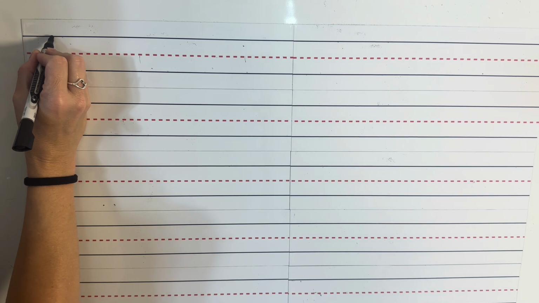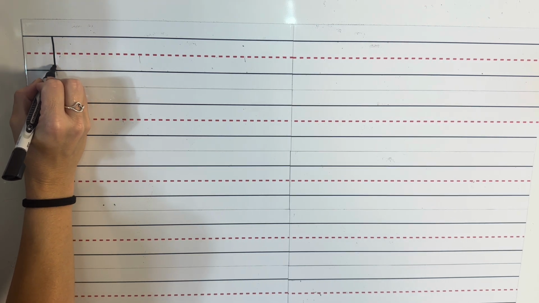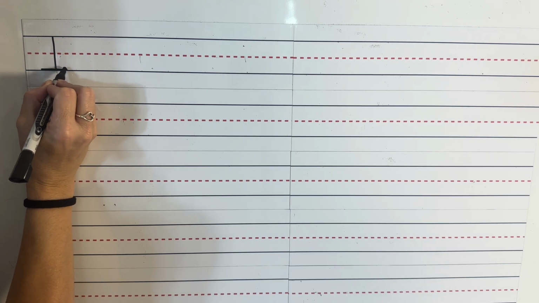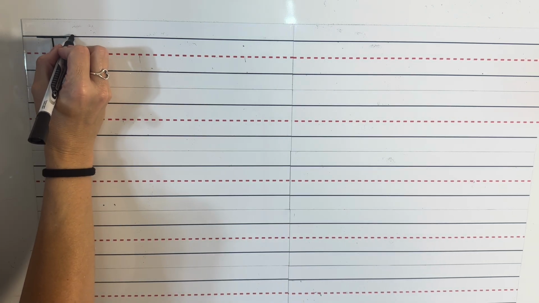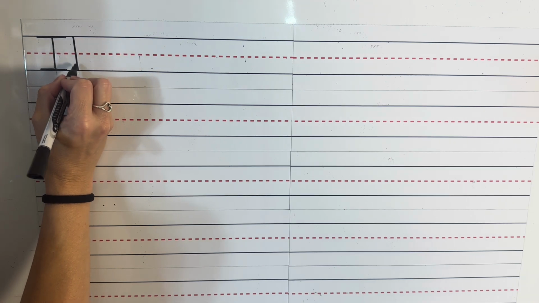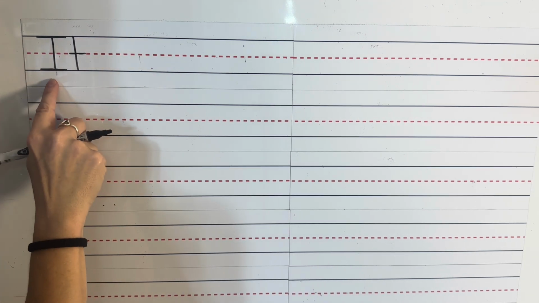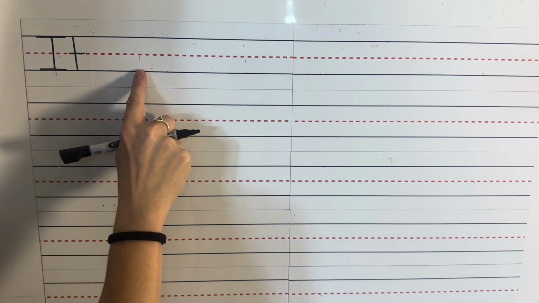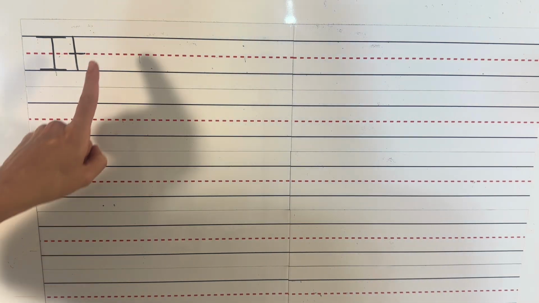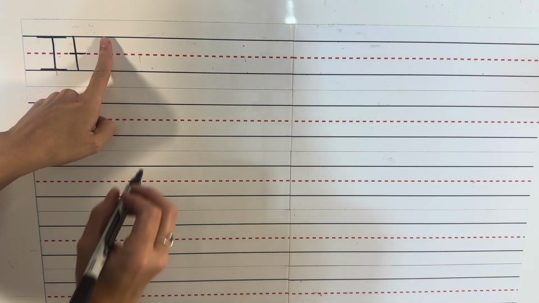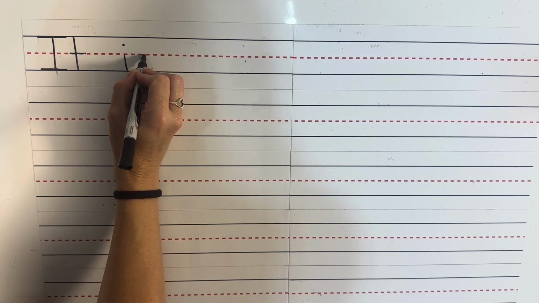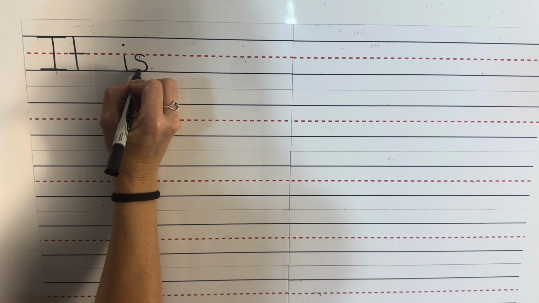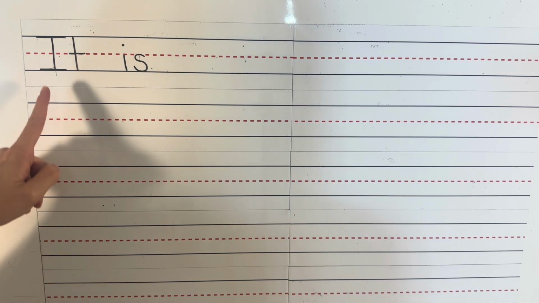We start with an uppercase I because it is the first word in our sentence. T starts in the sky. Is. Make sure to leave a finger space. We spell the z sound with an S in this word.